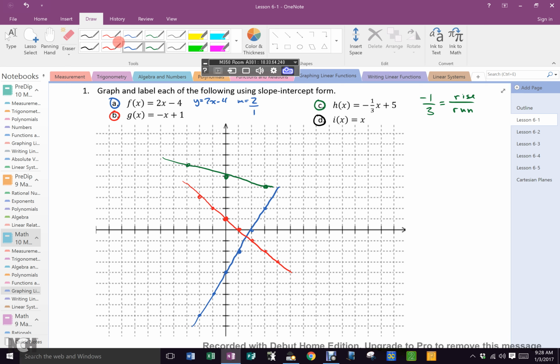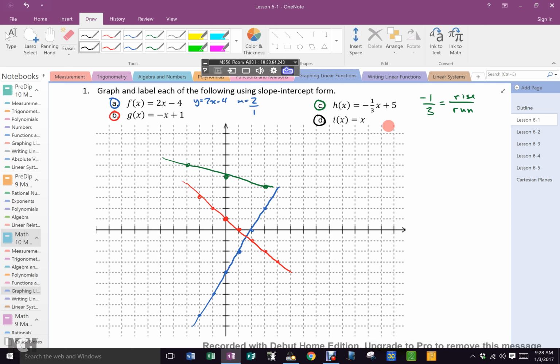Now finally. Yes. I'm sorry, what? Because if I go down 1, I would need to have a positive run. If I go up 1, I would need to have a negative run to keep my slope negative. And what about this one? There is no y-intercept there, is there? So what number is it? There's no y-intercept written there.